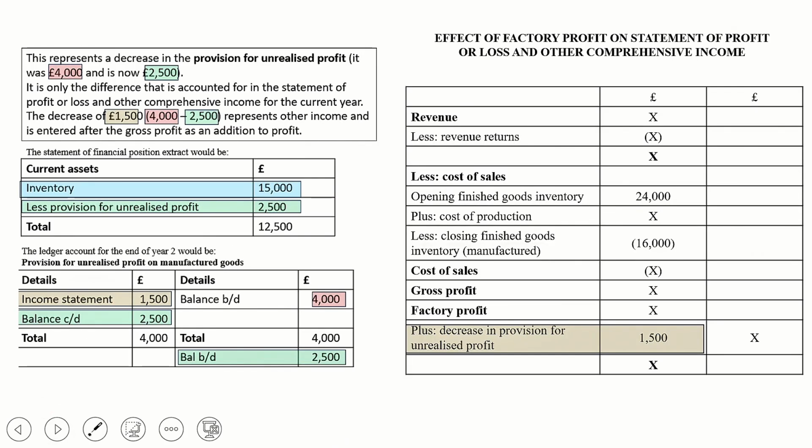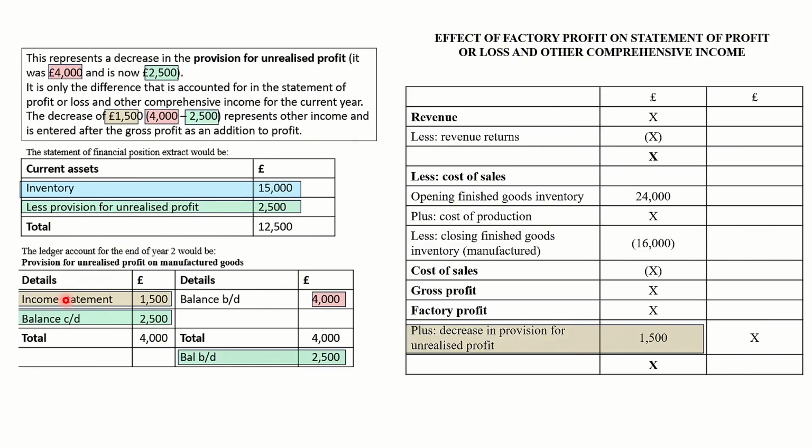Now, this is the impact in the statement of profit and loss and other comprehensive income. As you can see here, since there is a decrease of 1,500, and while we prepared the ledger, the difference appeared on the debit side of the ledger of provision for unrealized profit. This should be transferred under other income just underneath gross profit.